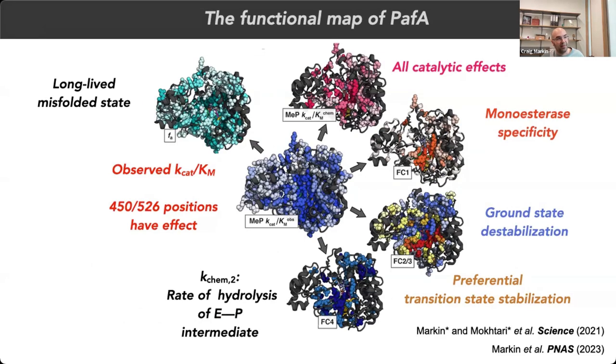As I've told you about, we were then able to take those effects on catalysis and break them down into these specificity effects and these ground state destabilization effects. And then in the follow-up work, we used transition state analogs to further probe features underlying specific recognition for the transition state over the other states of the enzyme.